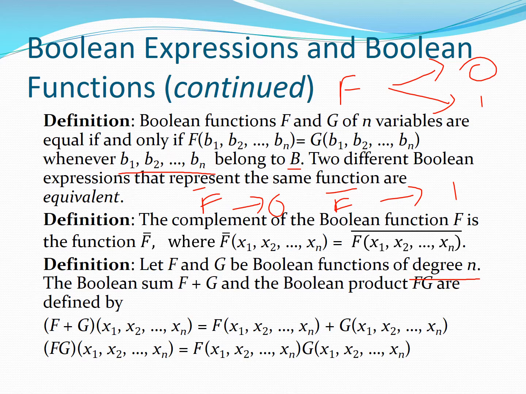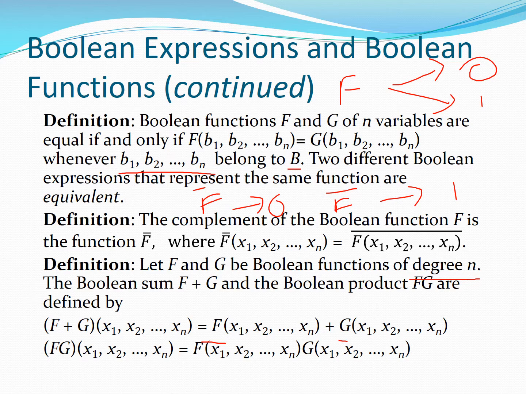The sum f plus g is defined as: first find what the function f evaluates to, then find what function g evaluates to for a given set of values x1 through xn, and then find the sum of those two values.